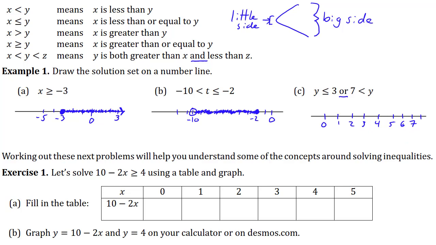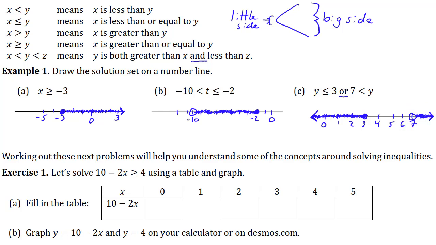We're including anything less than 3, which means all that stuff out there, and anything greater than 7. So that includes stuff like 7.1 or 8 or 12,000, anything out in that direction.